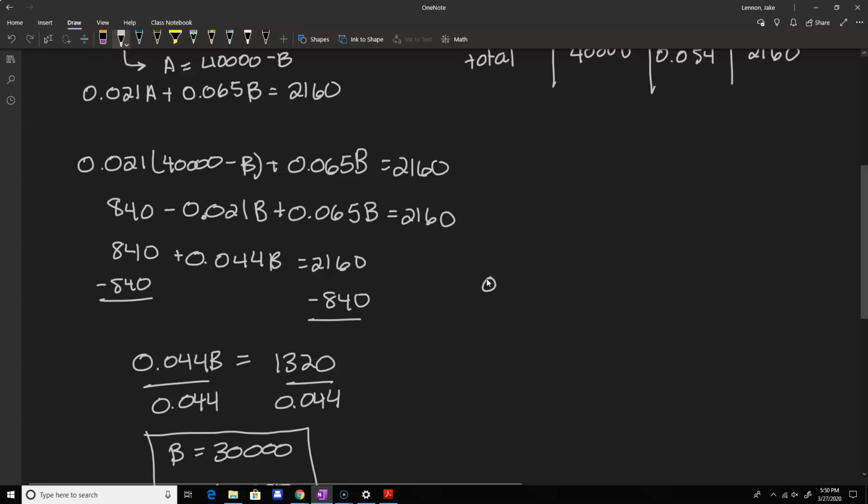So if we do 0.021 times 10,000 plus 0.065 times 30,000, we put that in our calculator and see if it comes out to 2160. And in fact it does. It comes out perfectly to 2160. So that's how we know that we answered the problem correctly.